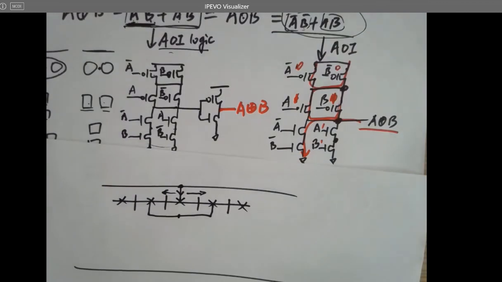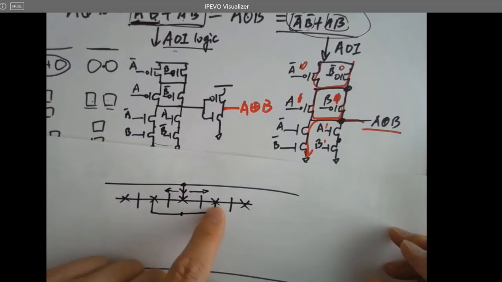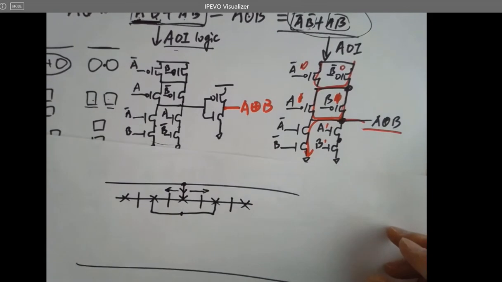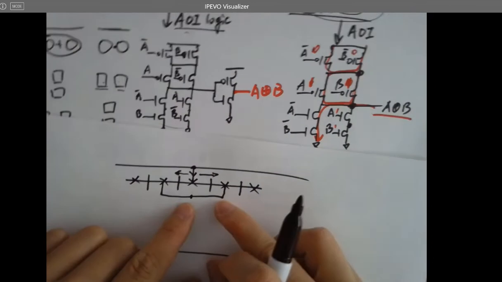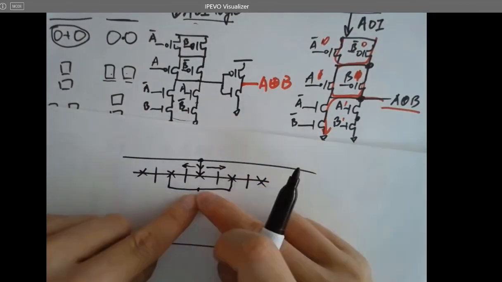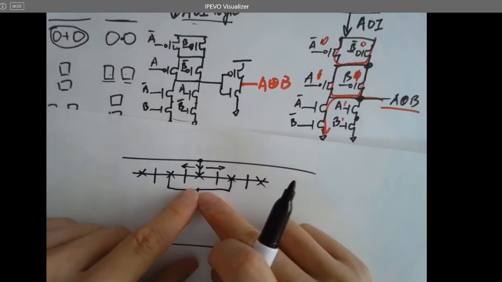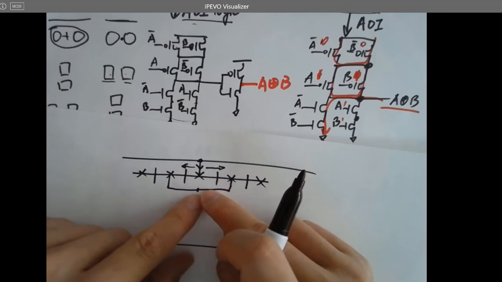Metal, same potential everywhere. It doesn't matter, it's a wire, it's a piece of P plus, doesn't matter. As long as it's shorted together, it's considered as one point. You can merge all these points together. Just think about that. You are melting this metal wire and you merge these two points together. It's not changing the circuit, right? So this is just one point. This is a wire, but actually it's just one point.